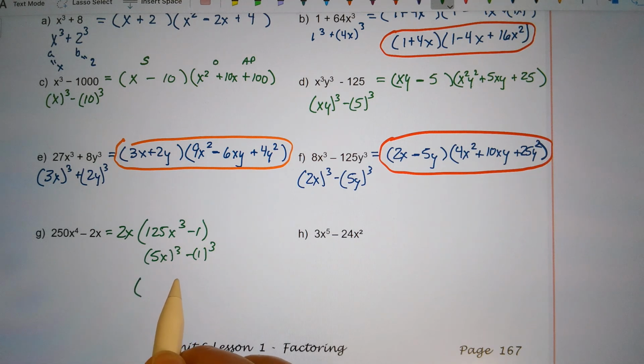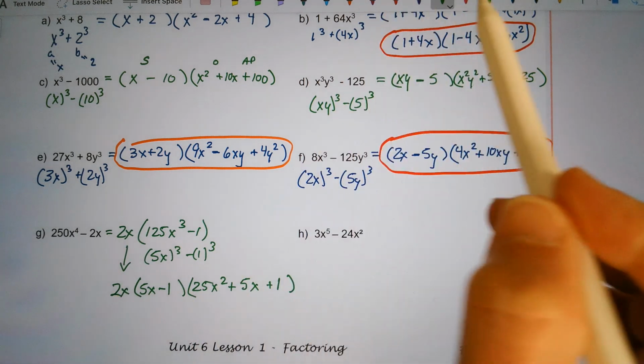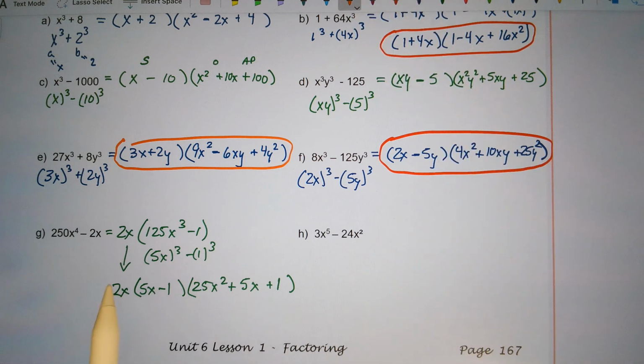It factors into the binomial times the trinomial. The binomial is 5x minus 1. Trinomial, 5x times 5x is 25x squared. Signs go same, opposite, always plus. 5x times 1 is 5x, that's the middle term, and 1 times 1 is the last term of the trinomial. Bring down the GCF of 2x, and there's the complete factorization.